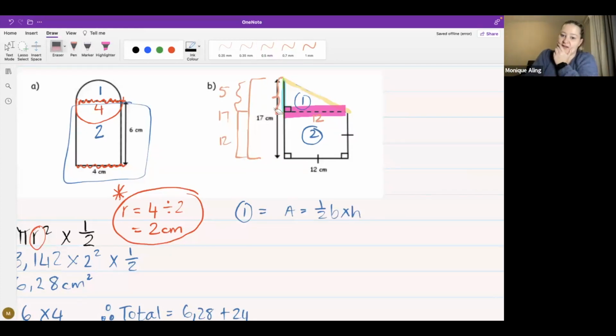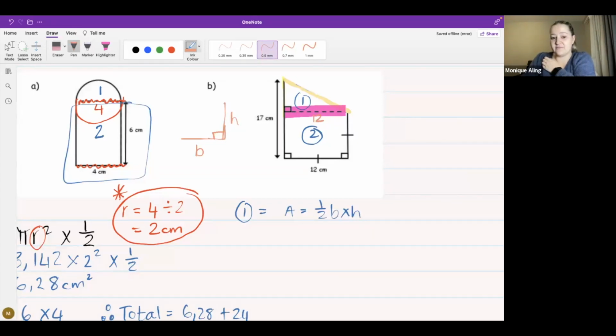So I'm going to do that again. So I've worked out the height of my triangle, because remember, whenever we're looking at a right angle triangle, it's always the base times our perpendicular height. Okay, perpendicular means it's on the other side of the right angle. Okay, so I've got the height based on my information with these lines.